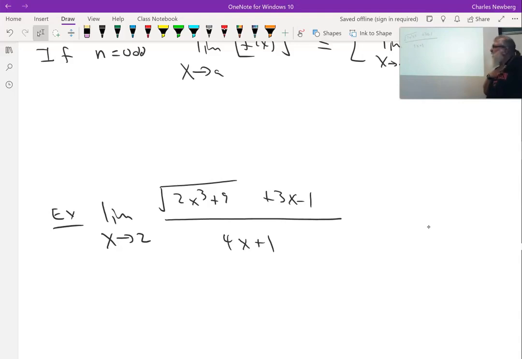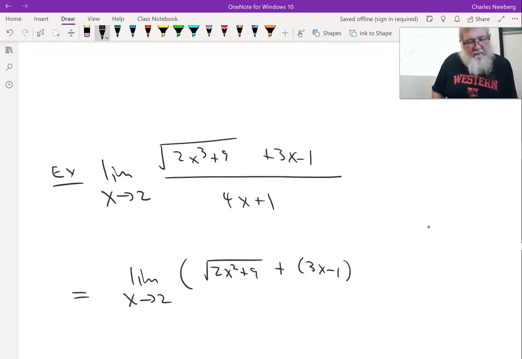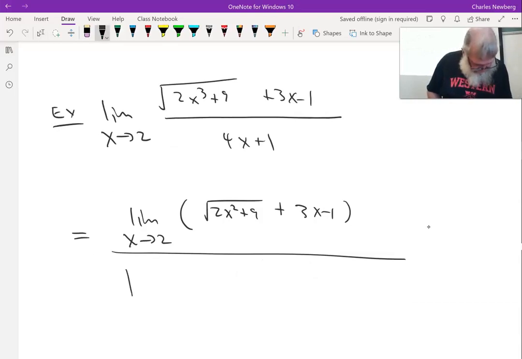So we're back to this problem. So let's just apply the limit laws. We'll just go old school, we'll break this out. So we know the limit of a quotient is the quotient of the limits. So this would be the limit of the numerator over the limit of the denominator, provided both limits exist.